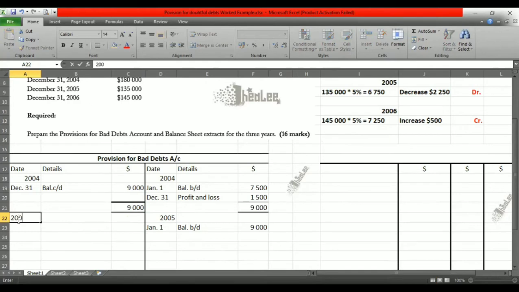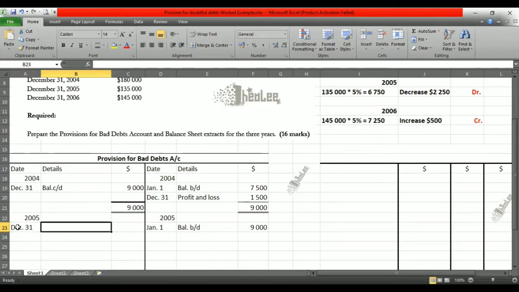So the year is 2005. Our date, December 31st. Our details, profit and loss, don't forget. That's the other item affected. And our value that we're recording is only the reduction, which is $2,250.